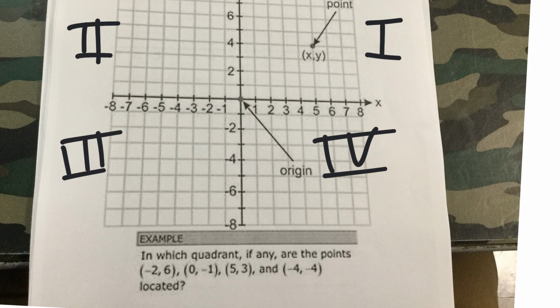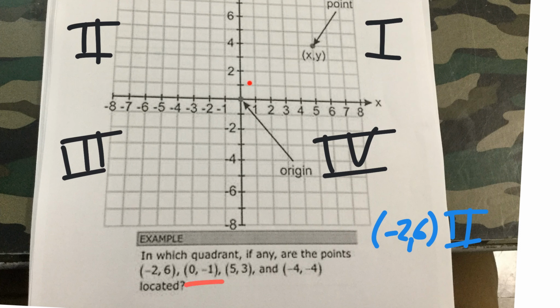So here we go. The first point is -2, 6. We want to identify what quadrant we are in. So from the origin, -2 goes to the left, +6 goes up. That puts us in the second quadrant. So -2, 6 is in the second quadrant. Next, 0, -1.